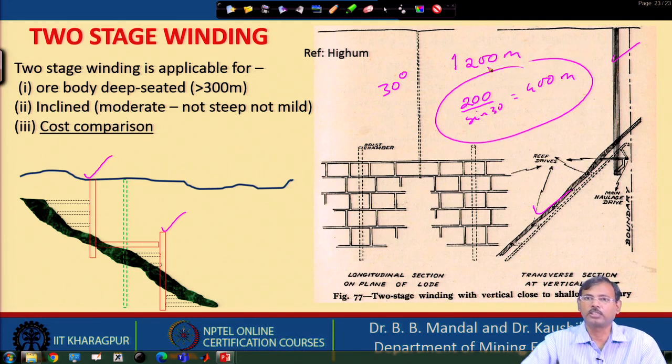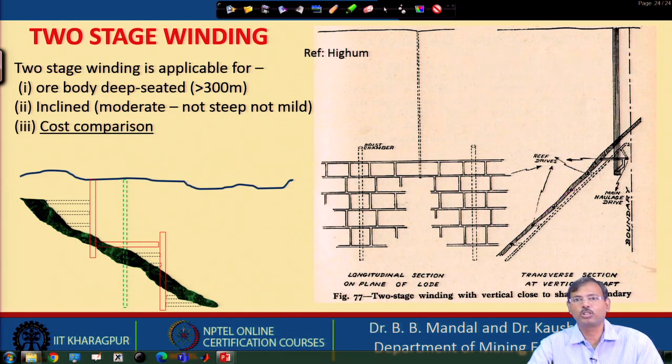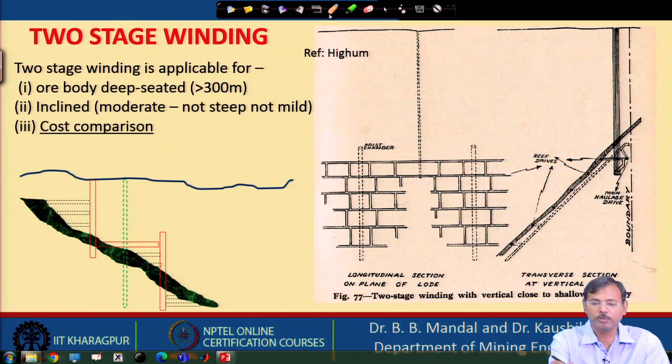That is why incline shafts are generally longer in length and are not opted for. As it is longer, it also takes more time for the movement. So, for very deep seated conditions we go for two stage winding.